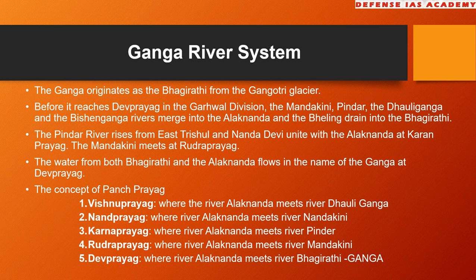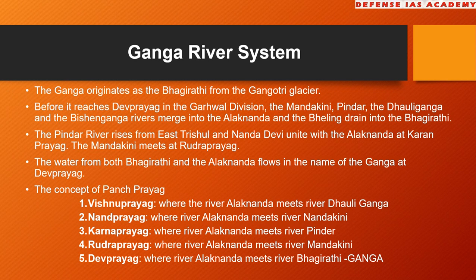The concept of Panch Prayag is you have five confluences over here. Vishnu Prayag is where the river Alaknanda meets river Dauli Ganga. Then you have Nand Prayag, where the river Alaknanda meets the river Nandagini.